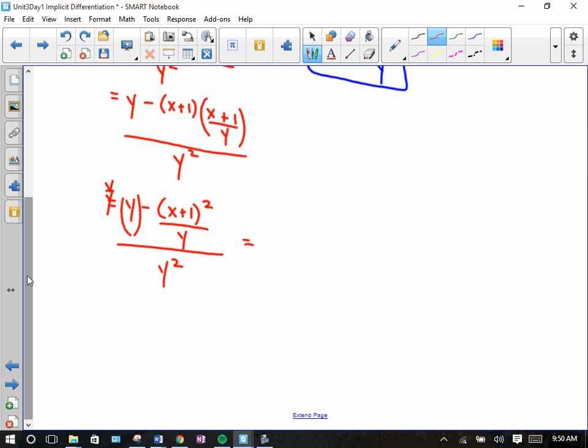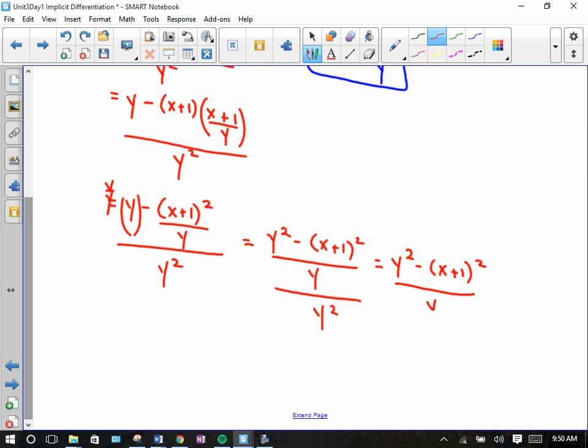That gives me (y squared minus (x + 1) squared) divided by y, all divided by y squared, which is equal to (y squared minus (x + 1) squared) divided by y. So the second derivative is that right there.